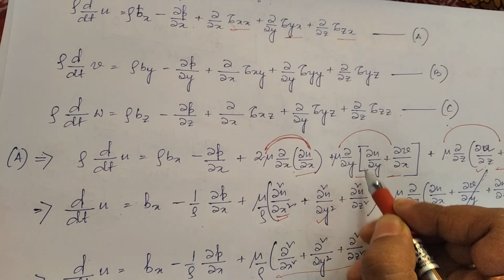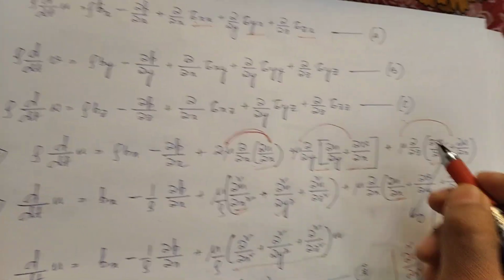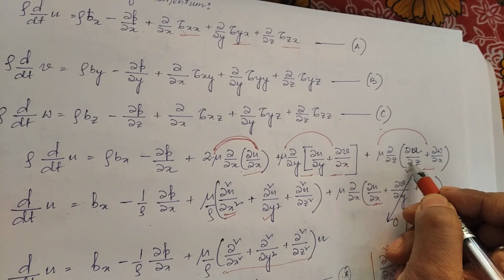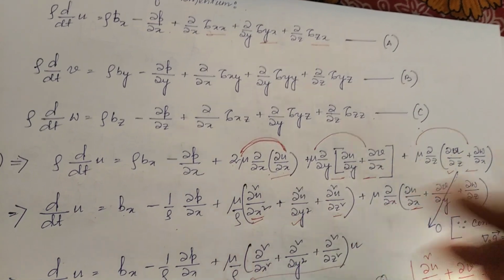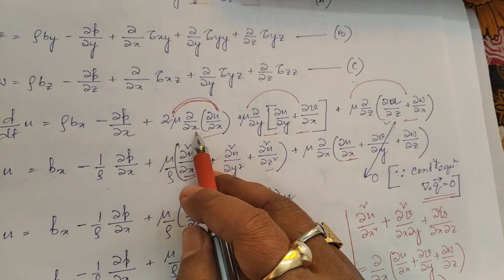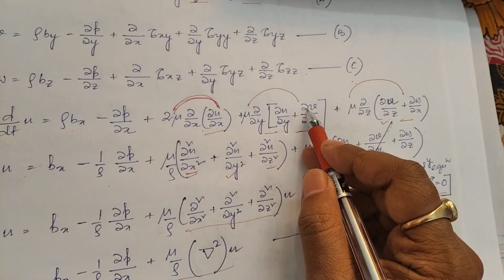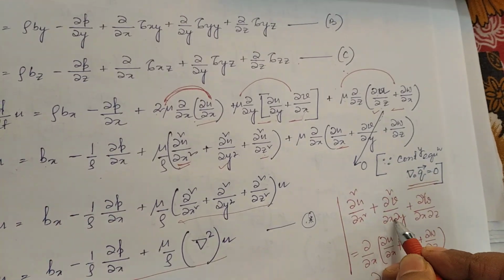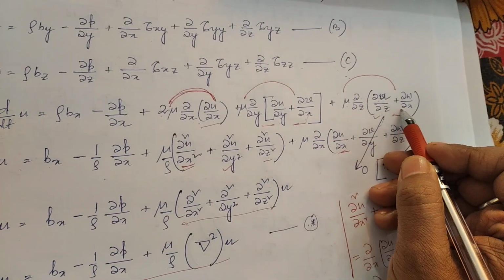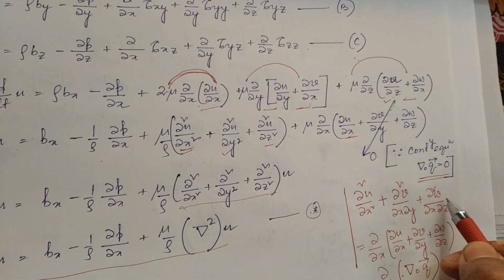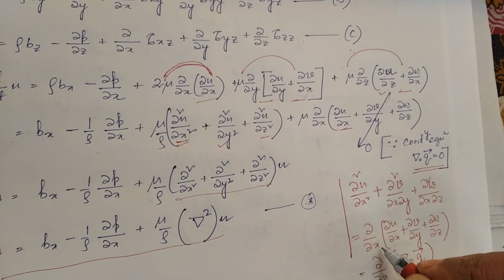Now we take this term, that is del 2u del y square, and from the last part we take the third one, that is del 2u del z square. Now what are the remaining terms? Here one term is there, del 2v del x del y, and here one term is there, del 2w del x del z. From each of these terms, the operator del x is common.